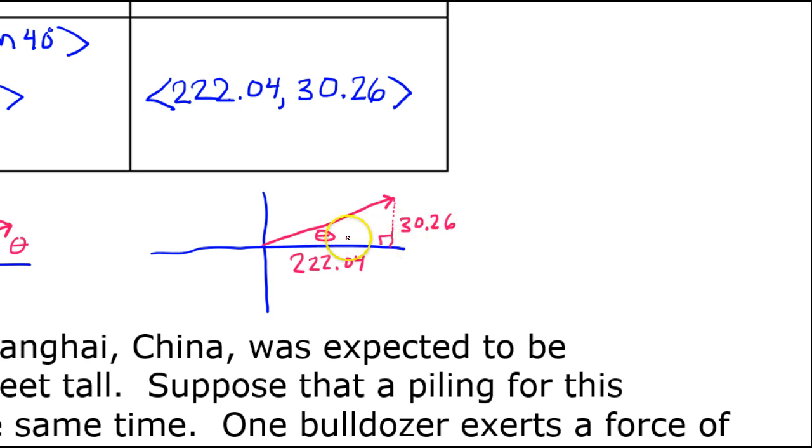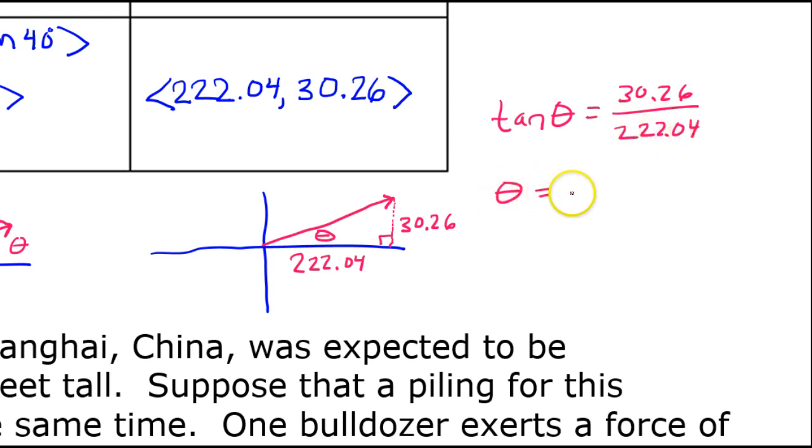The vertical component goes here, 30.26. I can use this diagram to get the direction because the tangent of theta will equal 30.26 over 222.04. Therefore, the direction, angle theta, should equal the inverse tangent of this very fraction.